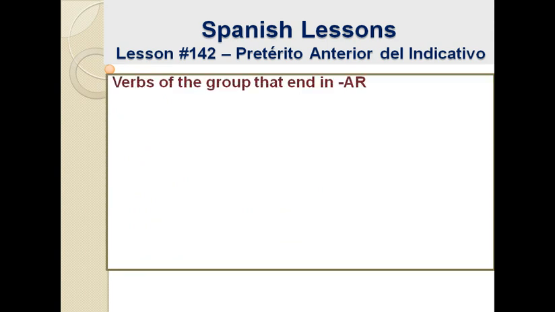So let's begin with our first group of Spanish verbs, that is the verbs that end with the letters AR, okay? We know that the Spanish verbs are classified into 3 big groups: the ones that end in ar, the ones that end in er, and the ones that end in ir. And each of those 3 groups has its different rules of conjugation.